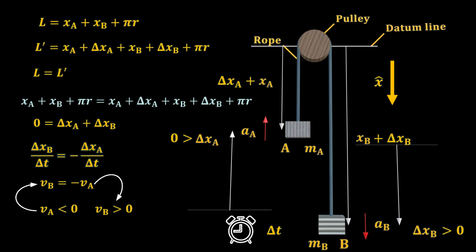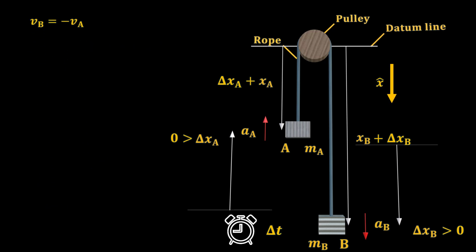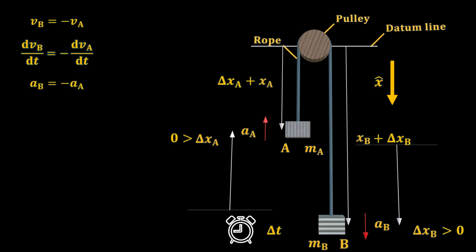As you can notice, both velocities are equal in magnitude but opposite in direction. And this is expected because the rope is inextensible. By however much object B goes down, object A has to go by the same amount in the opposite direction, and that means upwards. Now, if we differentiate this equation, we obtain dVB by dt equals minus dVA by dt, which is a relationship between the accelerations of the objects. Hence, we can write AB equals minus AA.